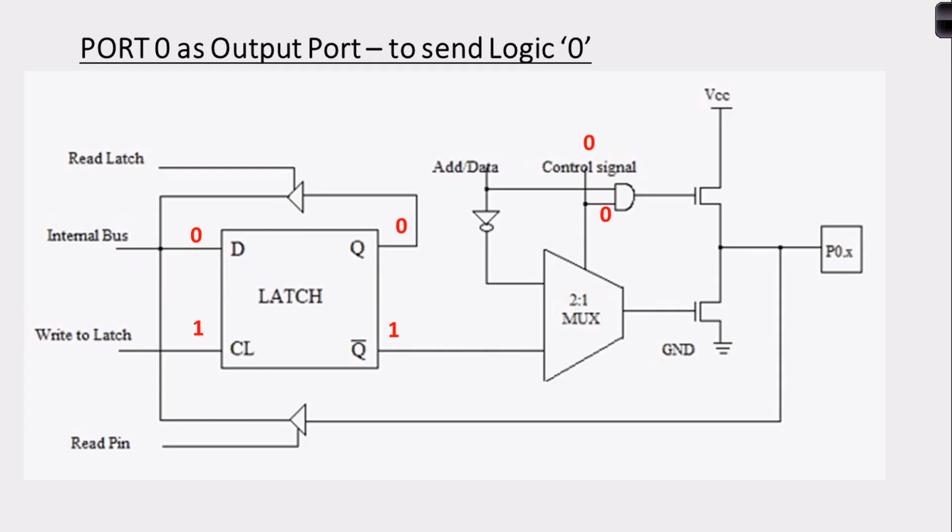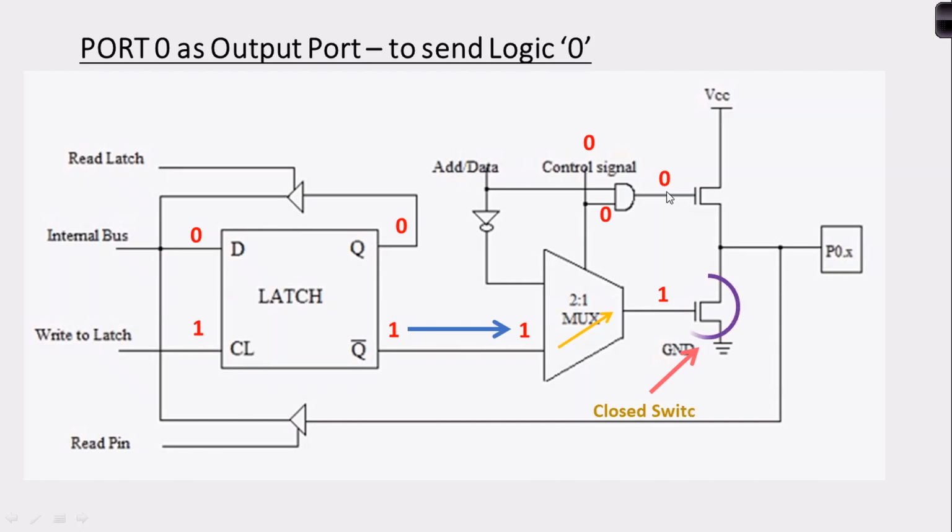The result of the AND gate will be 0, and the same 1 will be fed to the 2:1 mux, where since the control signal is 0, this particular signal will be selected. Since it is 1 over here, this particular MOSFET which is connected to the ground is a closed switch.